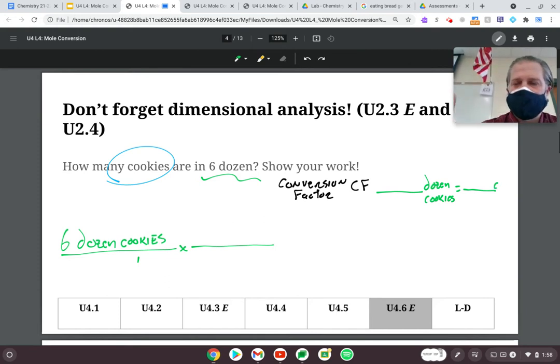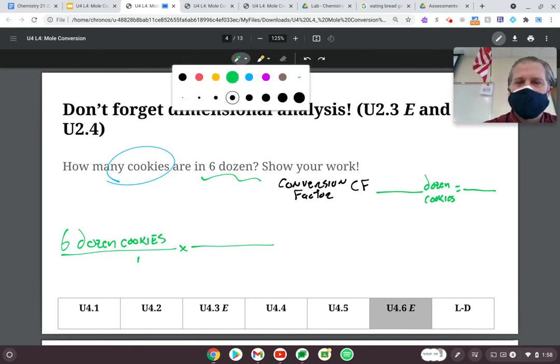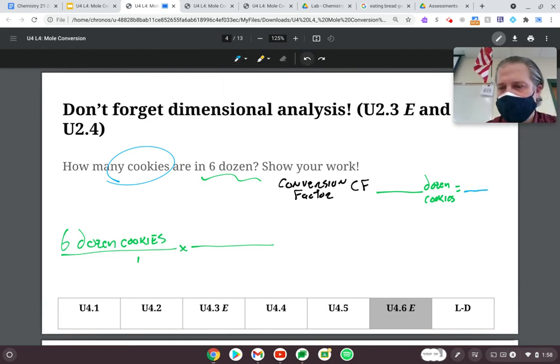Oops, I did that in the wrong color. Gosh, that is not my best work.